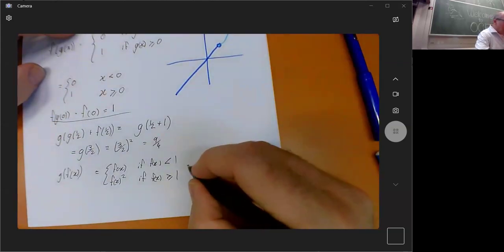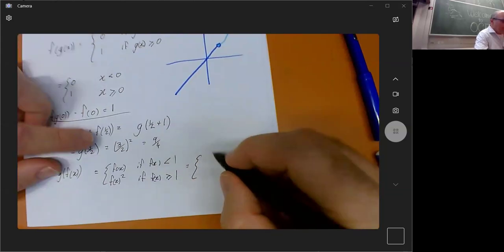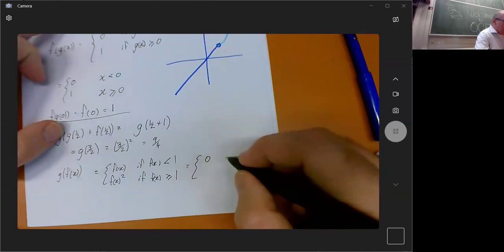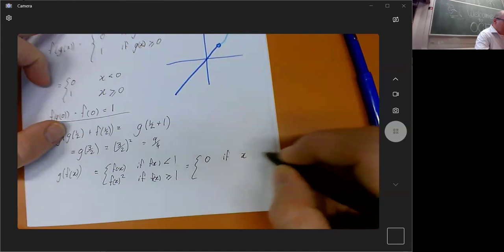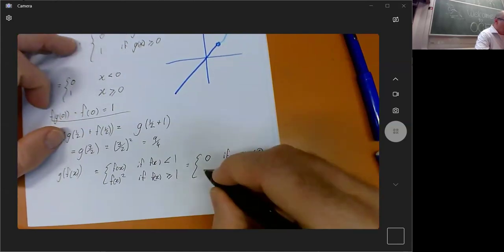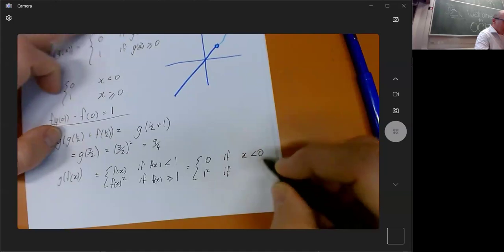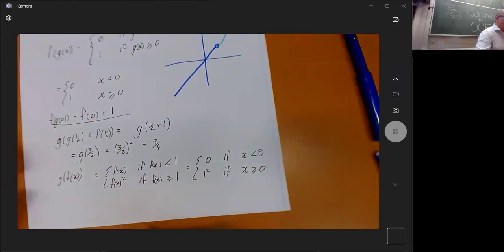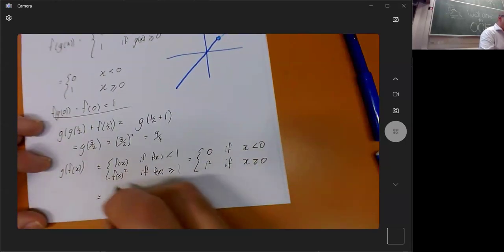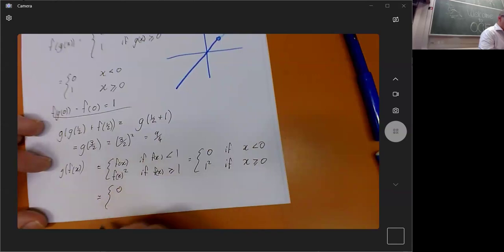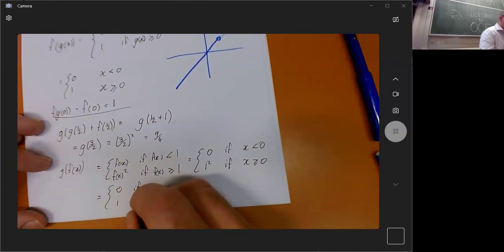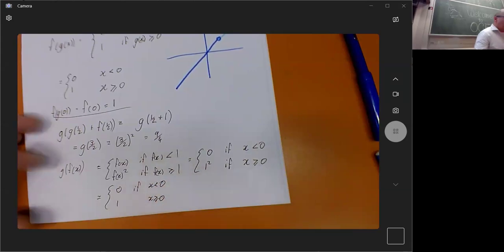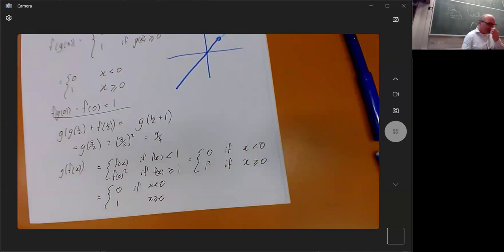So this is equivalently saying it's equal to 0 if x is less than 0, and 1 squared if x is greater than or equal to 0. Again, just by working out what it is, I've got a nice simple formula.